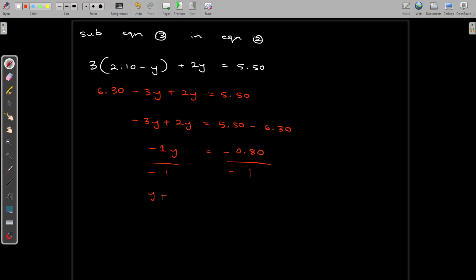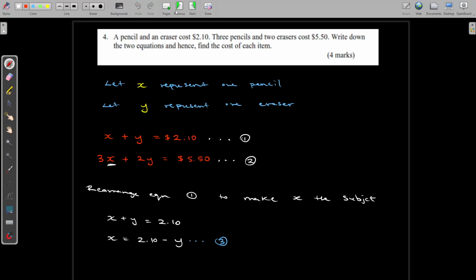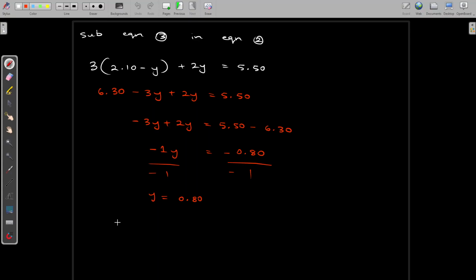So y is equal to 0.80. So remember, what did y represent? Y represented one eraser. So therefore, well, we're not ready for the therefore statement as yet. We can make a note to say one eraser is for 80 cents. So that's the cost of one eraser.